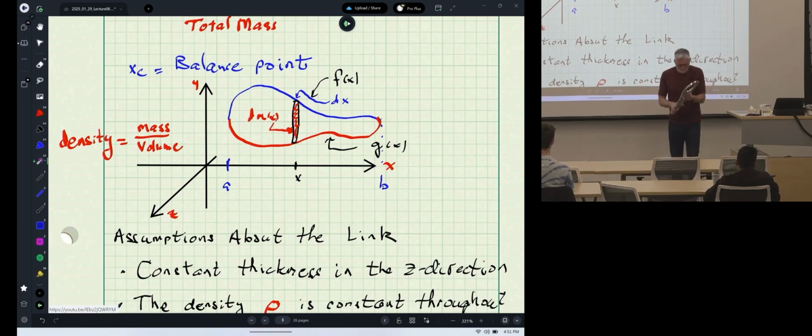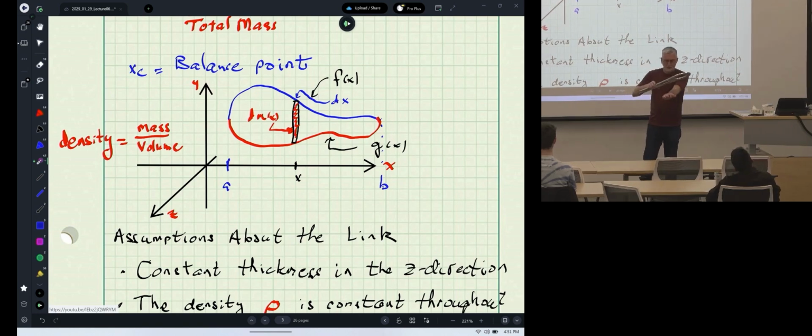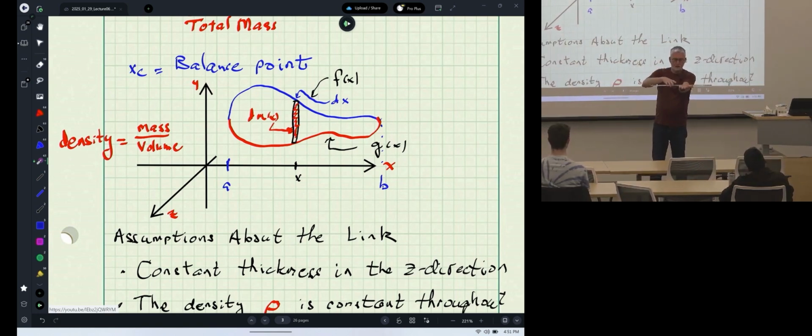The way I have my drumstick, this is x. So when I balance it, here it's not balanced. About what axis is it trying to rotate?